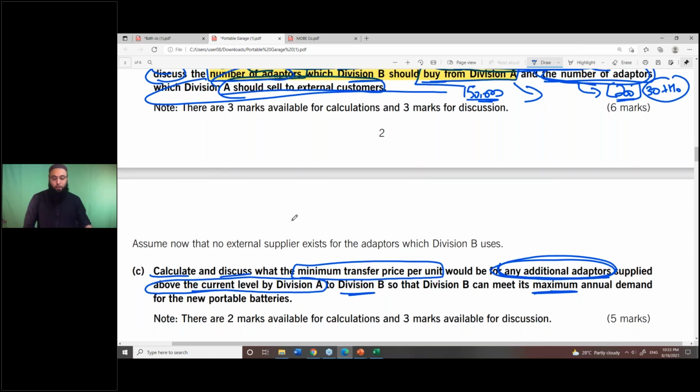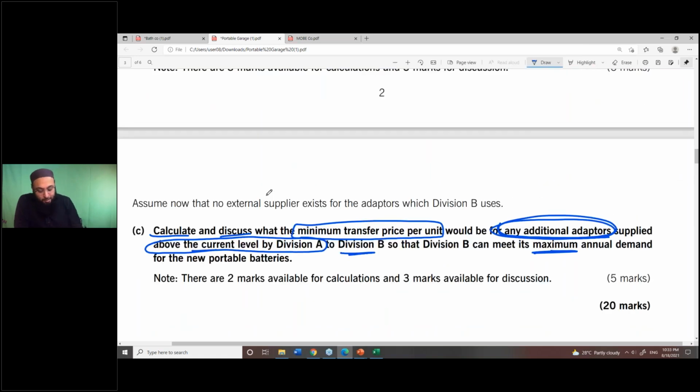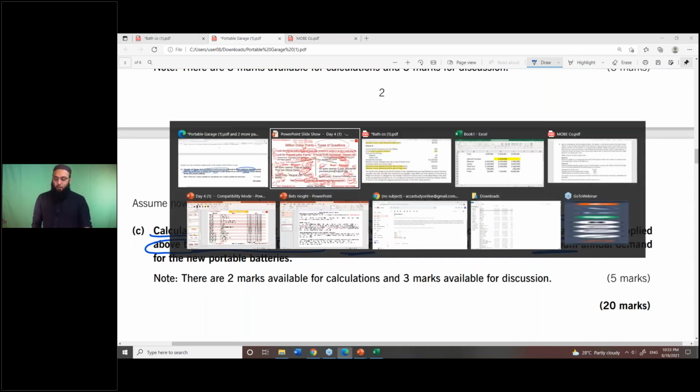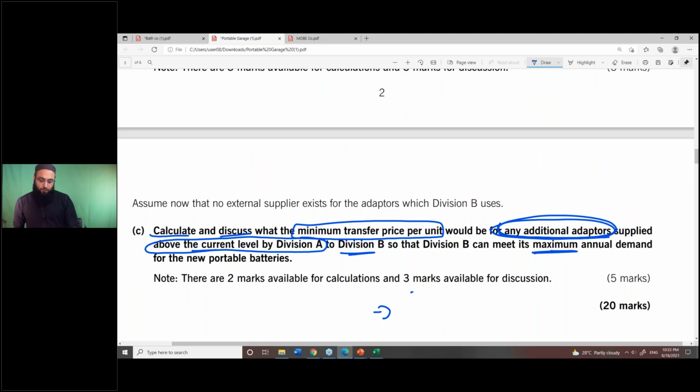What you need to find out is that minimum transfer price for additional units. Come on, tell me. So right now, 350,000. Right now it is transferring 150, right? And 200 outside. 150 internal. Can you give me the answer?